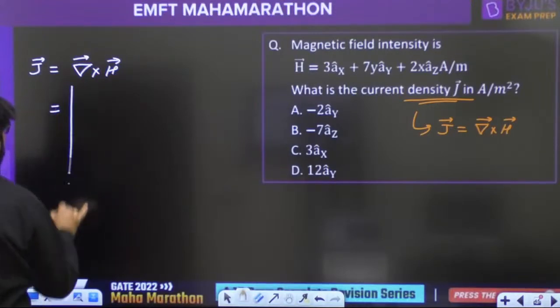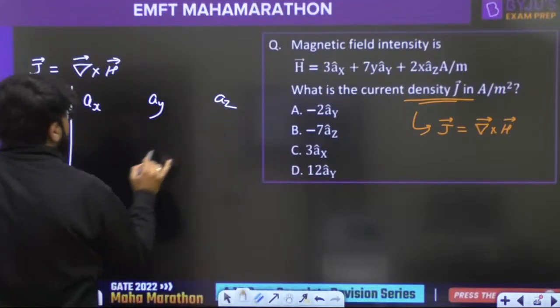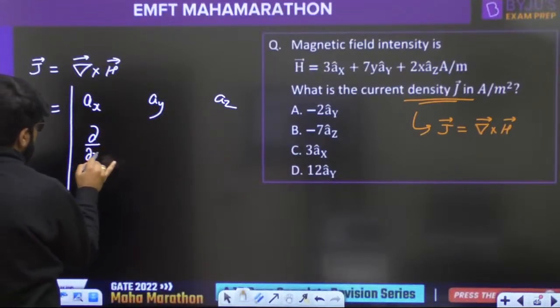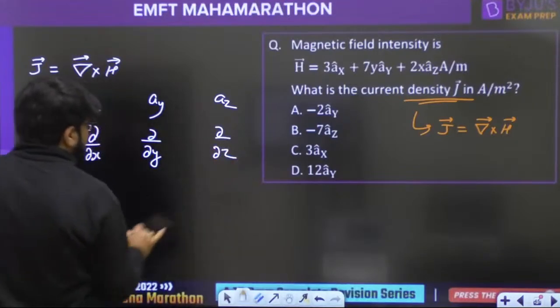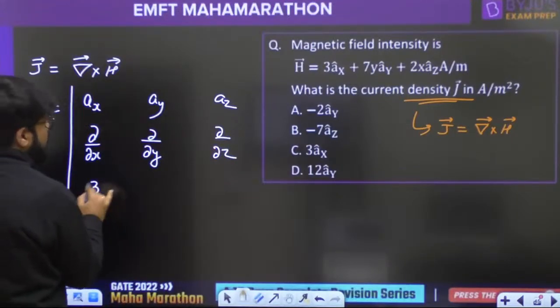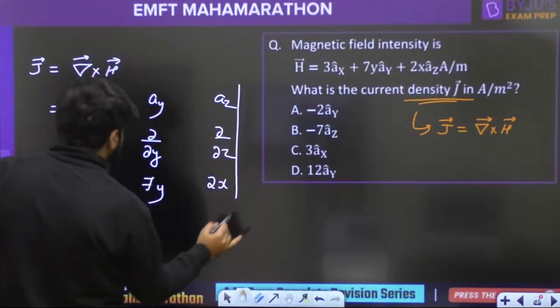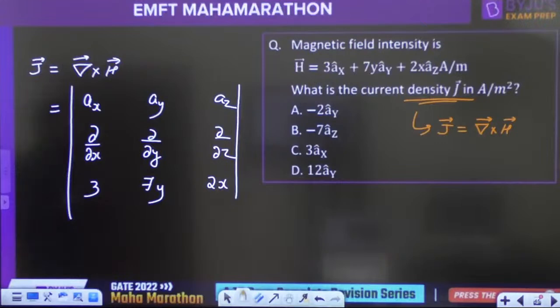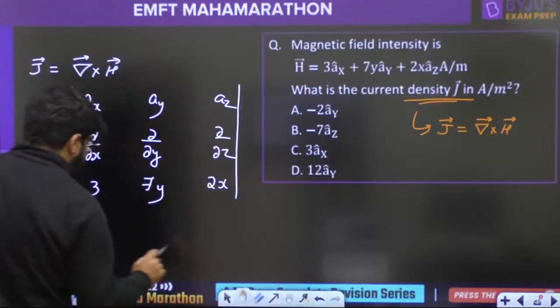Let's close this quickly. Curl calculation, that too only in the Cartesian coordinate system: ax, ay, az, del by del x, del by del y, del by del z, and then we have the vector components 3, 7y and 2x.